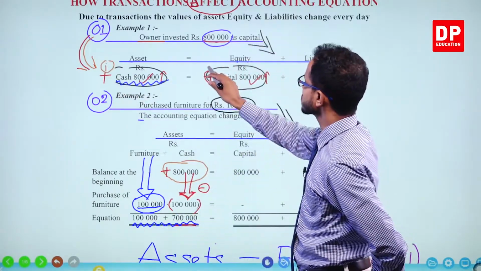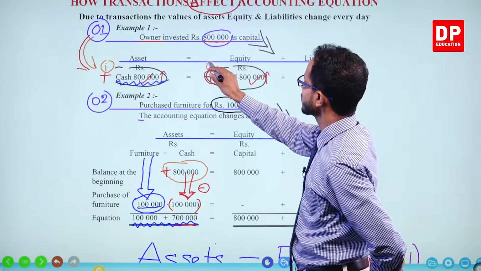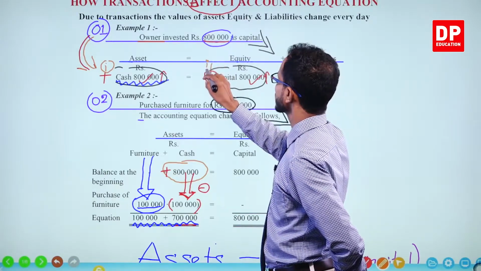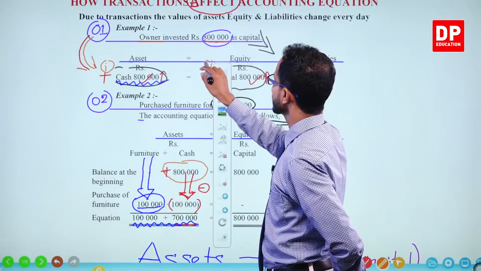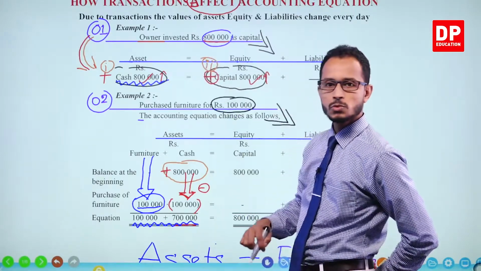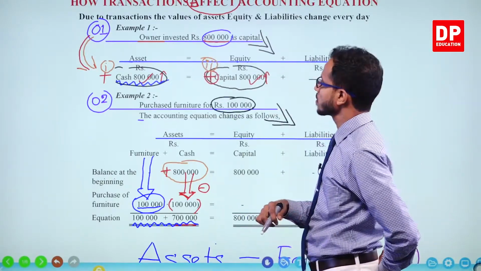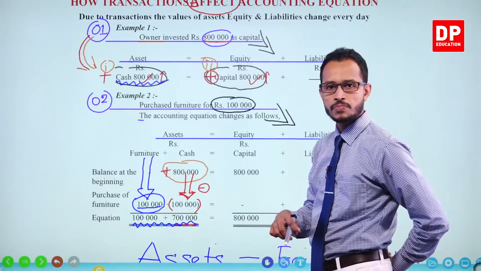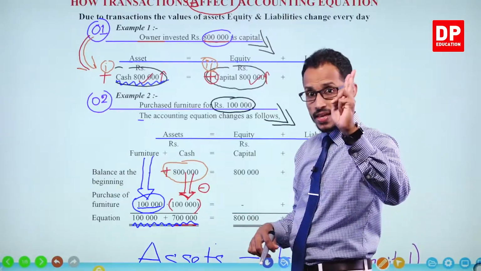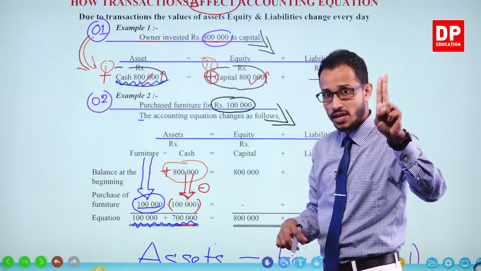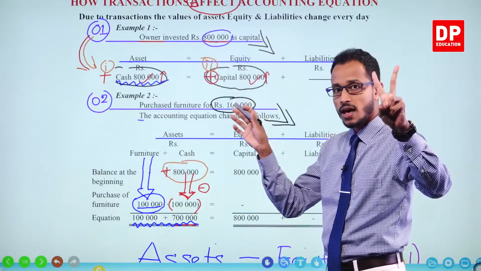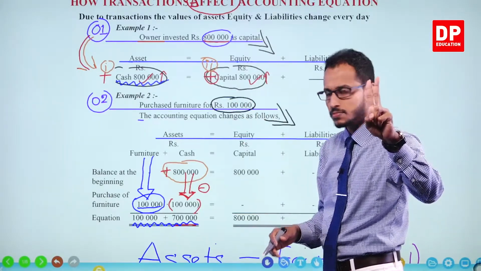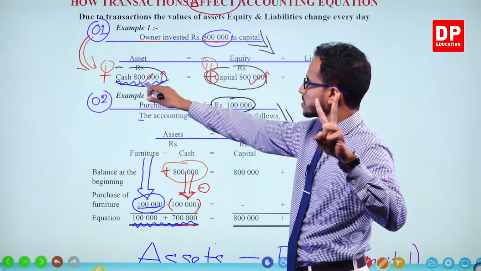And this is the second place. Every single transaction is entered twice. Effects are double.